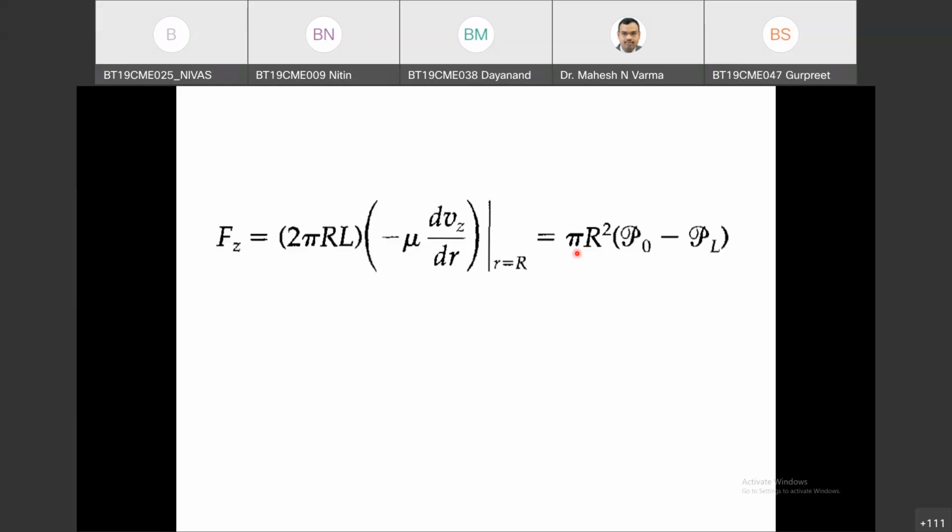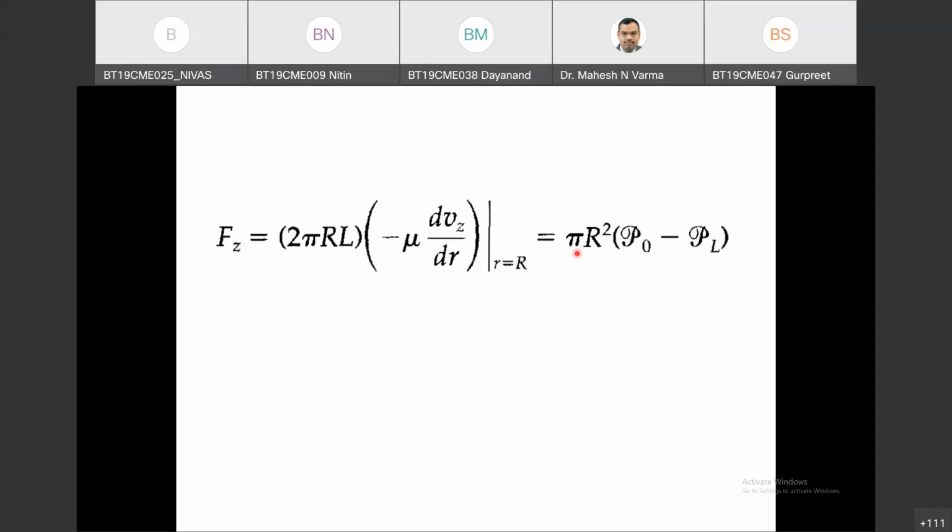So how will it help to design the pipe? Sir, it helps us tell how much force the fluid is exerting so that we can determine the thickness of the pipe. How will this give you the thickness of the pipe?